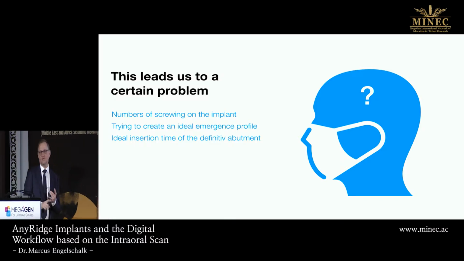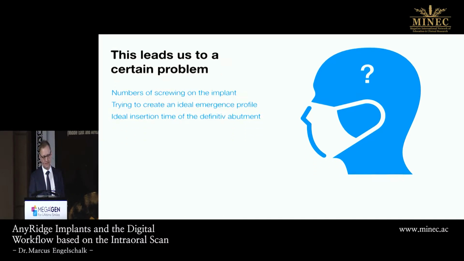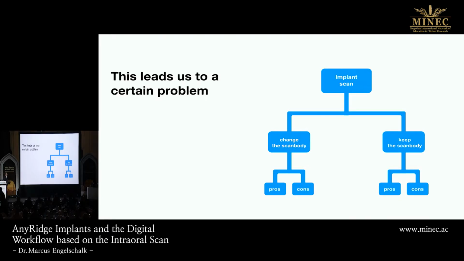Later, after healing, when is the ideal time? And therefore, we have this workflow path, I don't know how you can call it, but you have to decide: if you do an implant scan in the mouth, not on the model in the lab, in the mouth, do I have to change the scan body?